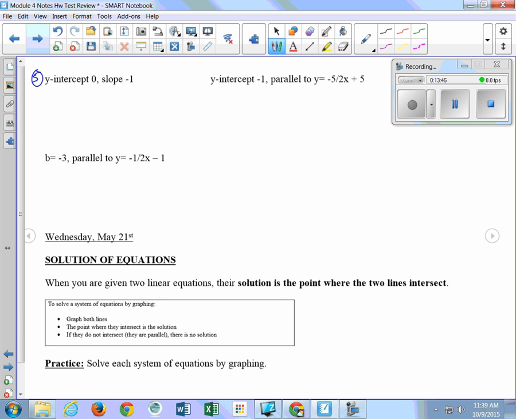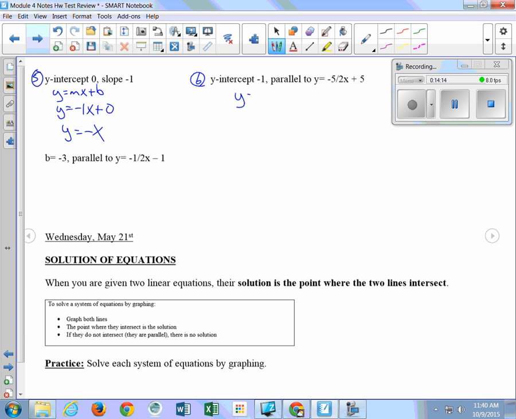So y equals mx plus b. Write in what I know. It doesn't give me an x or y, so y equals, y-intercept, slope is -1, so that's m, plus 0, so that's just y equals -x, or -1x, either or.